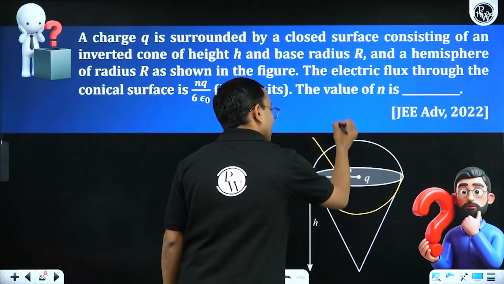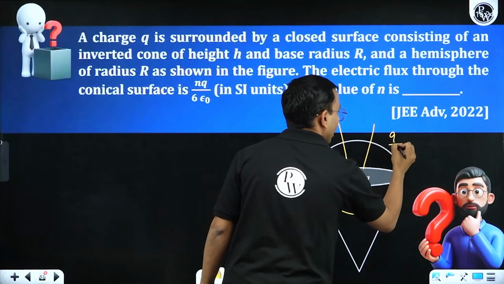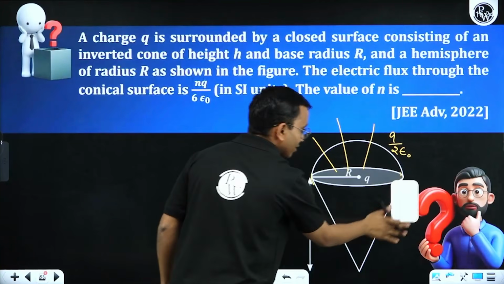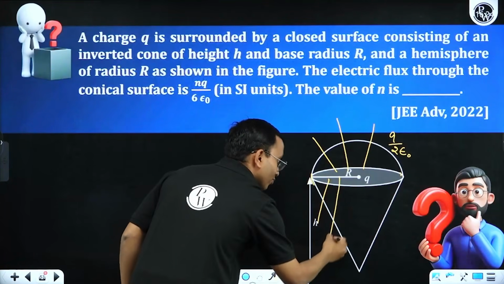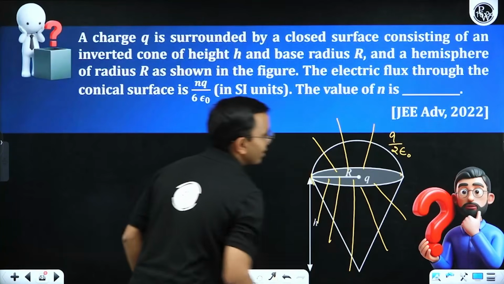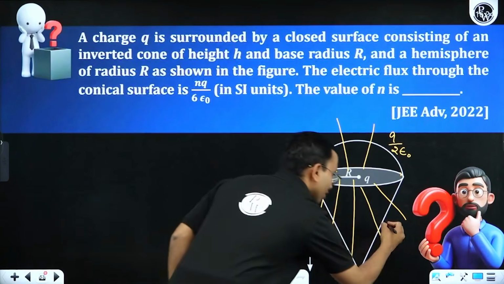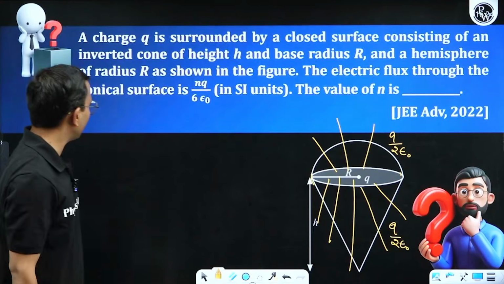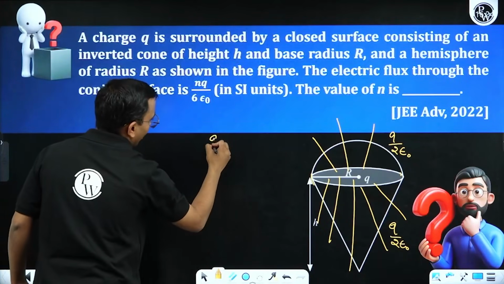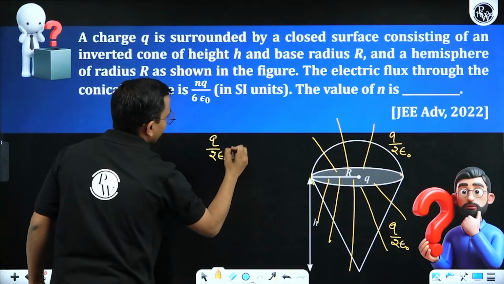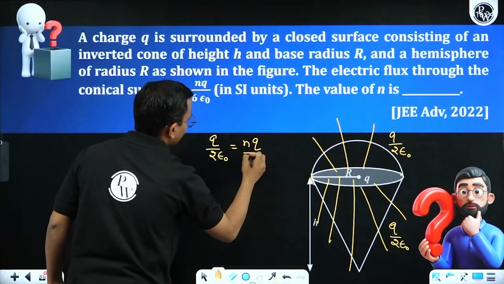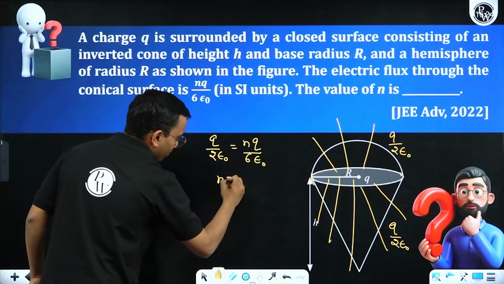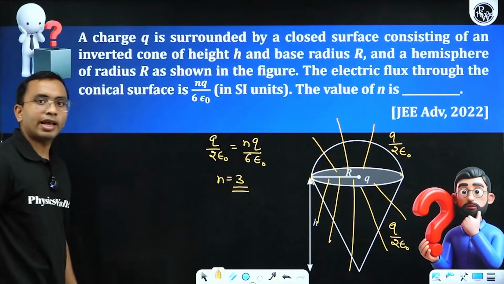Now even if this is a cone, that flux only will pass through here, isn't it? So it will become just Q by 2 epsilon naught. So the answer is Q by 2 epsilon naught and this is given as NQ by 6 epsilon naught. So from here I can say N comes out to be 3.